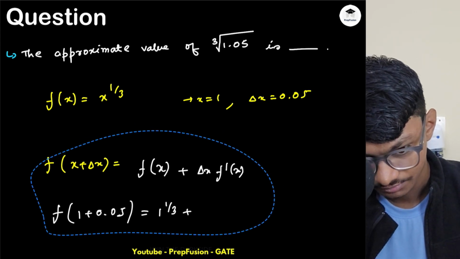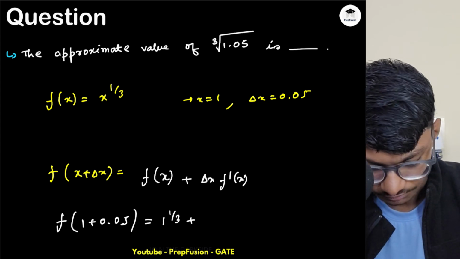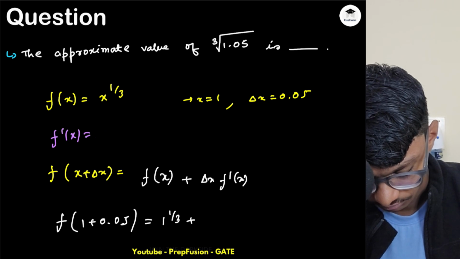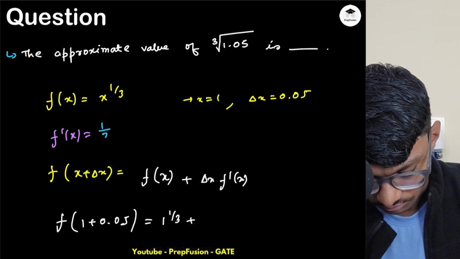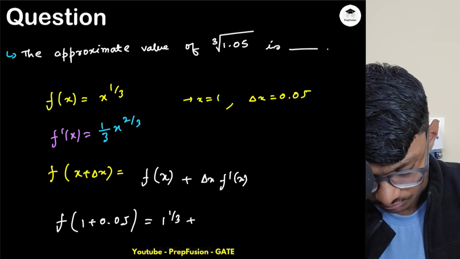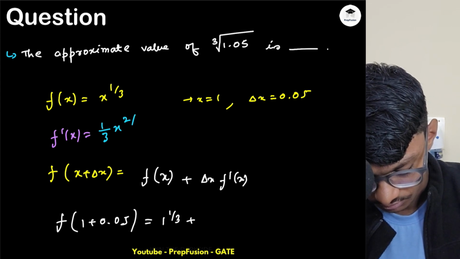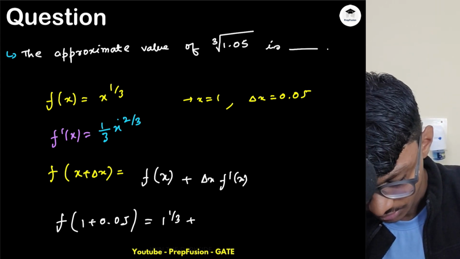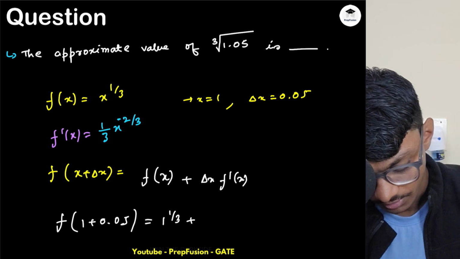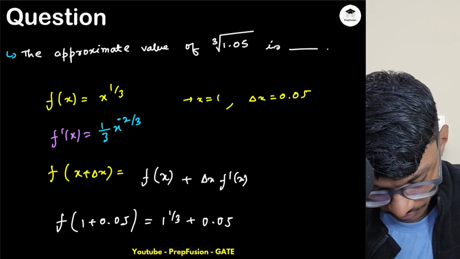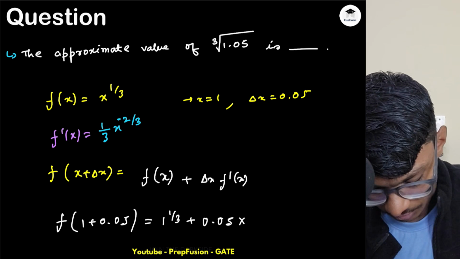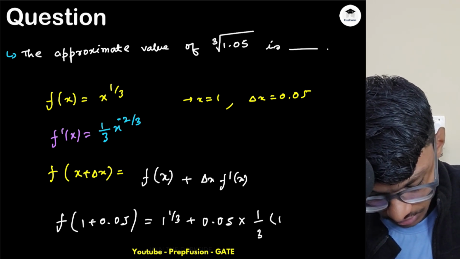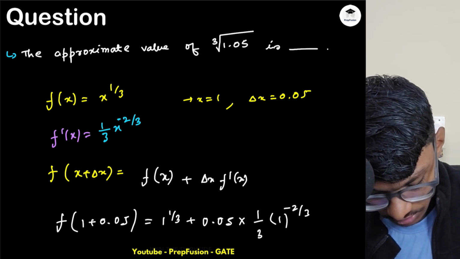So f dash of x is 1 by 3 into x raised to power minus 2 by 3. Sorry, it will be minus 2 by 3. So this will be simply delta x, 0.05, into f dash of x at that point, that is 1 by 3 into x, with 1 raised to power minus 2 by 3.